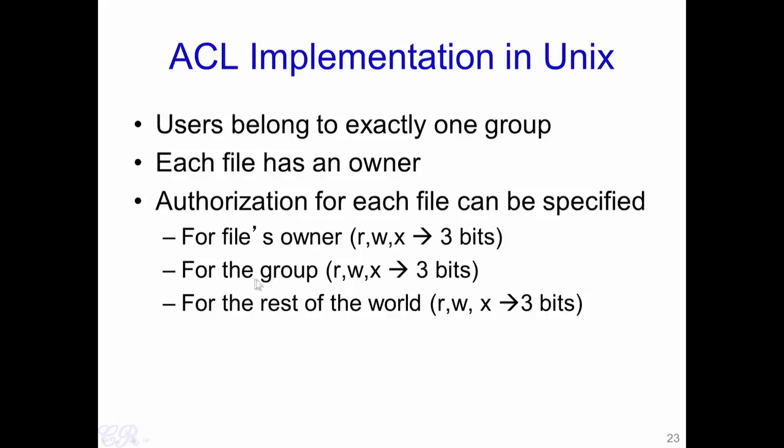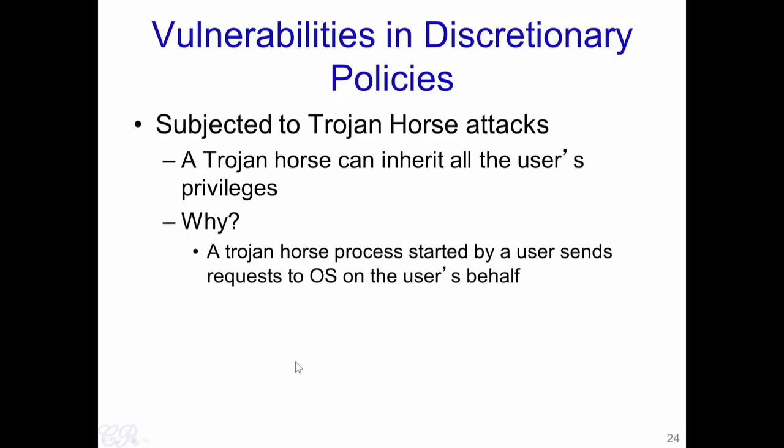Then we have the group, we have the 3 bits RWX for the group, and for the rest of the world, for the others, that is, we have 3 more bits. Thus, in a Unix system which uses the ACL implementation of the access matrix, there are 9 bits involved, and each of these bits would give permissions to various users of that file.